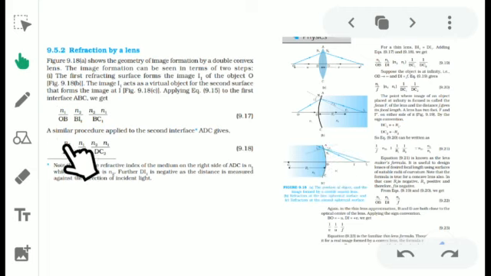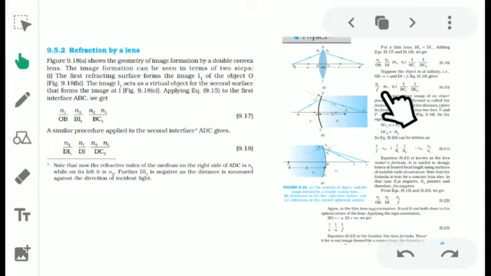The equation is n2 upon DI1 plus n1 upon DI is equal to n2 minus n1 by DC2. Now we add these two equations, and we get this equation here. Now you see here BC1 is R1 and DC2 is minus R2.